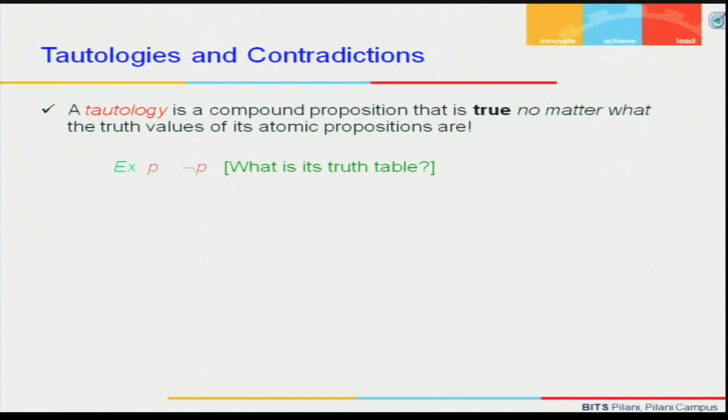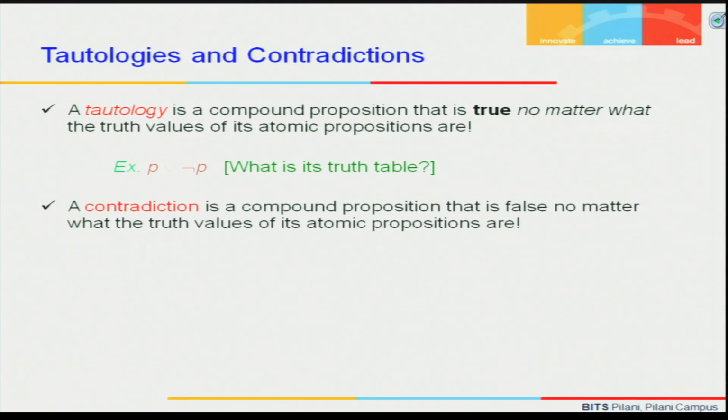Then we see another definition, that is contradiction. We say a compound proposition is a contradiction if it always takes its truth value as false, immaterial of what values its constituent atomic propositions assume. For example, we can easily see that if this is the compound proposition, whatever the values that P assumes, P can assume either true or false.